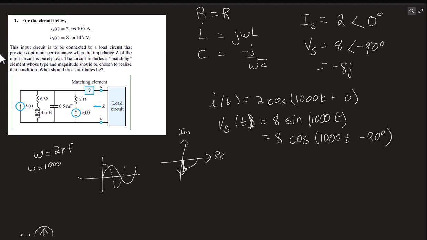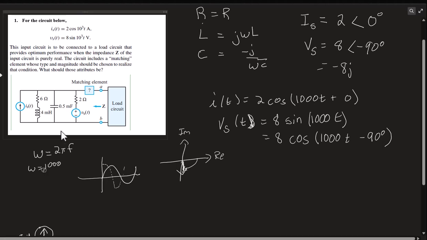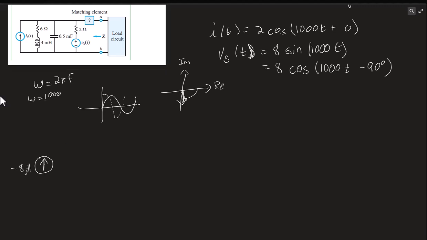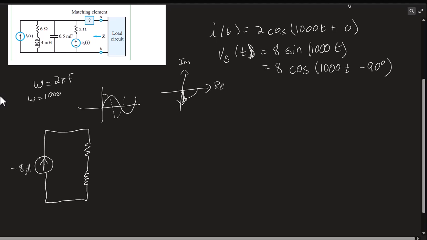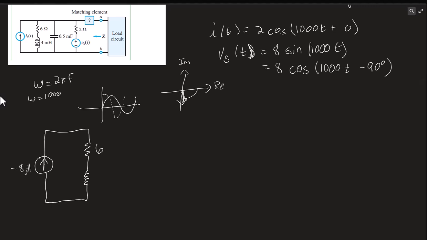So this will be 6 because the resistor doesn't change. This will be j times 1,000 times 4 millihenries. So 4 millihenries is 0.004. And these will now all be in ohms.